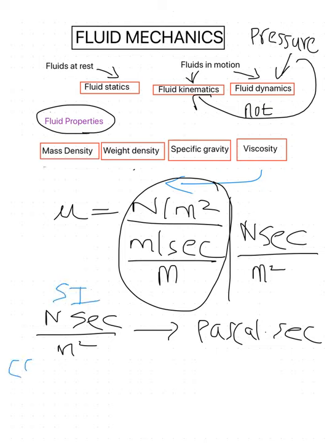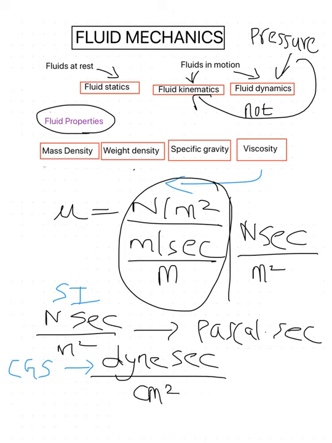Now, if you look at the CGS unit, you can derive it as well. What is the CGS unit of force? It is dyne. Time is the same. Dyne second per, what is the CGS unit of area? It's centimeter square. So it is dyne second per centimeter square, which we also refer to as poise. This is a CGS unit of mu, the coefficient of dynamic viscosity.